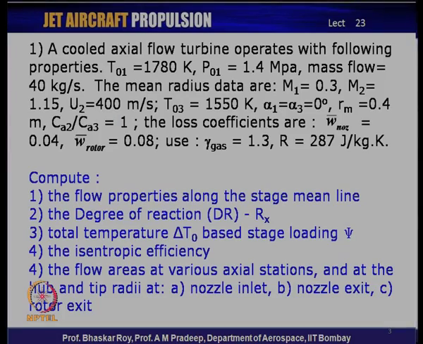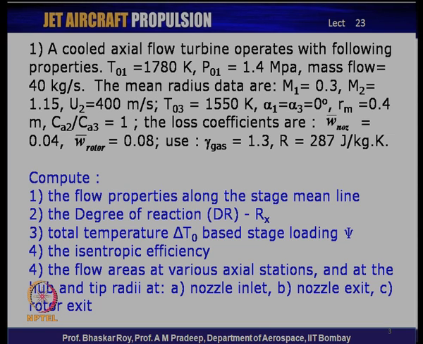The first problem that we have is on axial flow turbine, and this problem statement shows that if you have a cooled axial flow turbine, now we have discussed the cooling technology of axial flow turbines. Most of the modern axial flow turbines do tend to be cooled turbines, unless it happens to be the last stage of a multi-stage turbine.